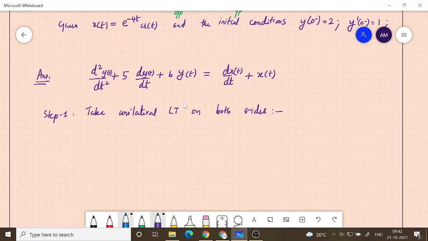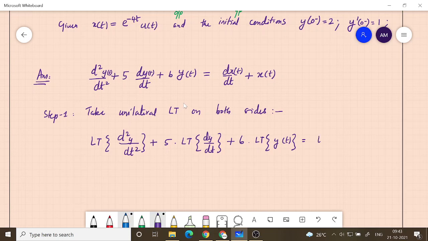So for example, let me initially show, we are taking the Laplace transform of each and every term. So this is d square y by dt square, plus 5 into the Laplace transform of dy by dt, and then the Laplace transform of y of t.